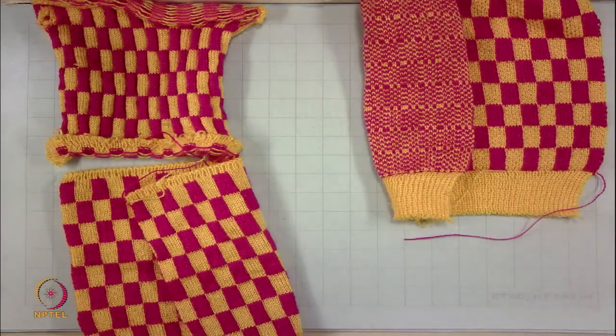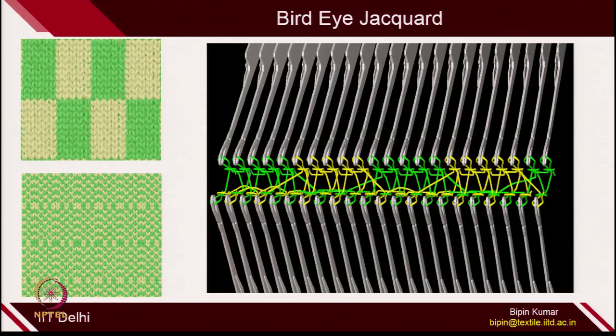Let me show you on the video also. So, in the animation, you can see here 5 consecutive green loops are visible, and after that this green yarn is making loop and then float, loop and then float on the back bed, or the front bed you can say. Again 5 consecutive green loops, after that it is making loop and float on the back bed.